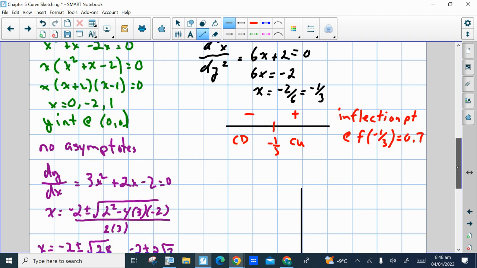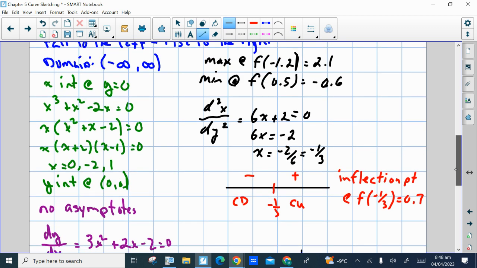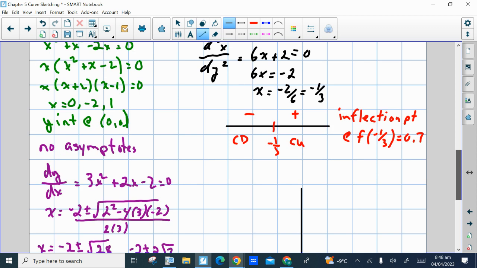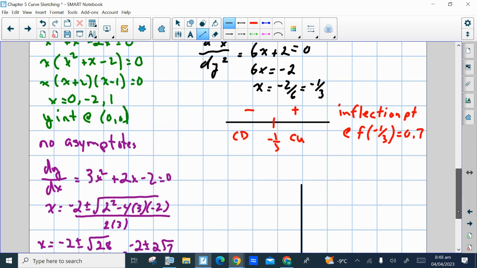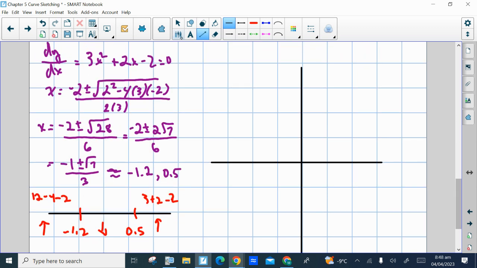So first thing we have is we have our x-intercepts at 0, negative 2, and 1. We have a maximum at negative 1.2, comma 2.1. We have a minimum at 1/2, comma negative 0.625.